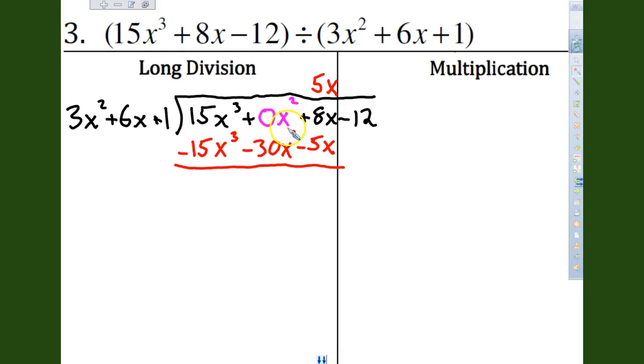So at any time on any problem, if you look at any column and it's not the same exponent, that's a sign to stop, go back, find out what's missing. So we'll get negative 30x squared plus 3x, bring down the minus 12, and repeat.